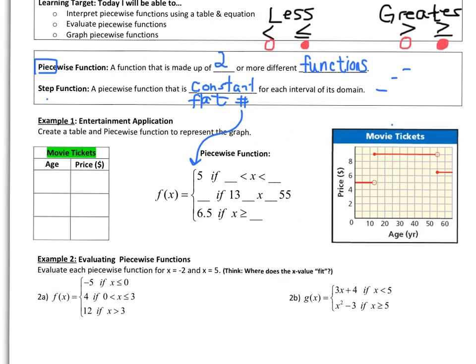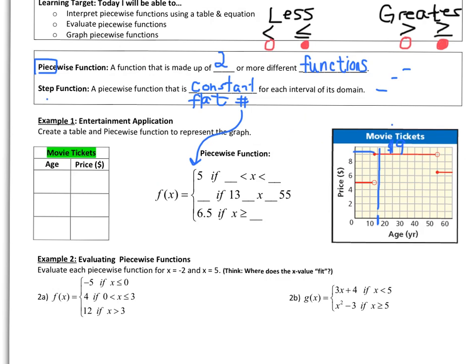So let's look at how much it costs to go see a movie. Since you guys are teenagers and you're older than about 15, if you wanted to go see a movie according to this graph, you would be in this price range up here, which is about $9.